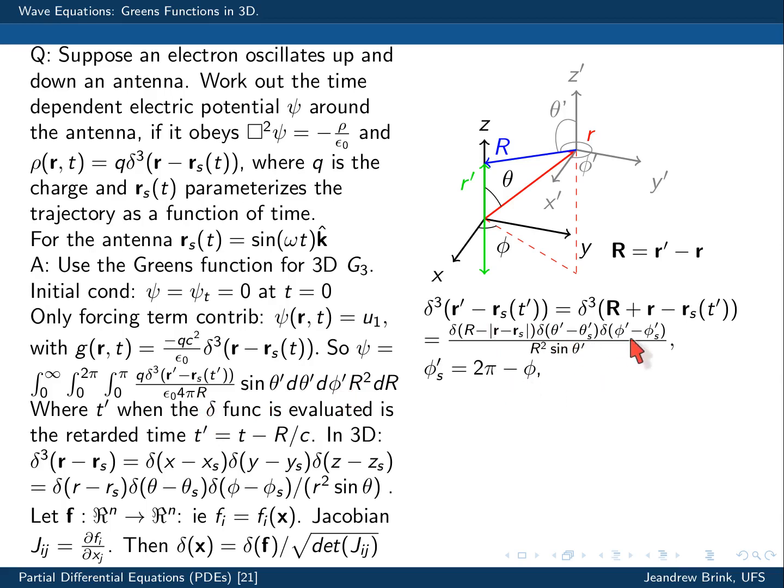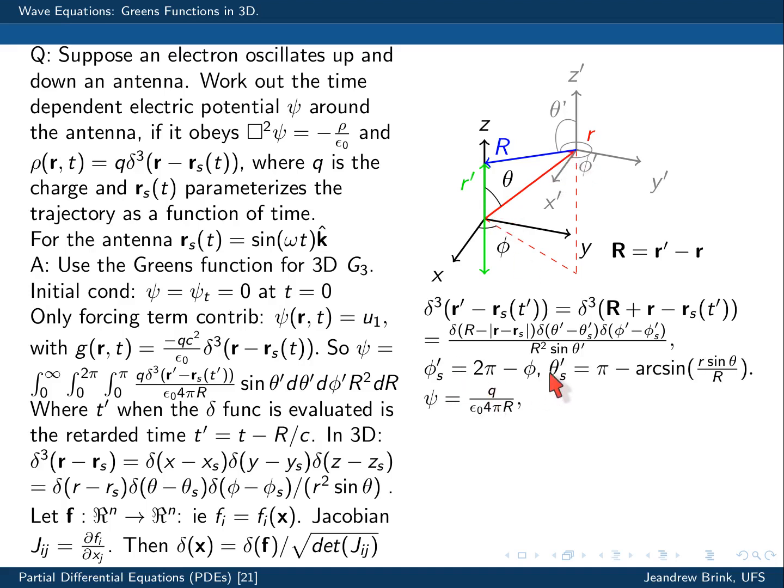So just phi s, and the beauty is we don't actually need this information, but because I had to draw the picture, I had to compute it. So phi s is equal to 2 pi minus phi. Here's your phi, and the phi that indicates your big R vector is just 2 pi minus phi of your red R vector.